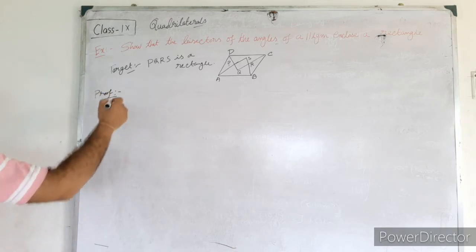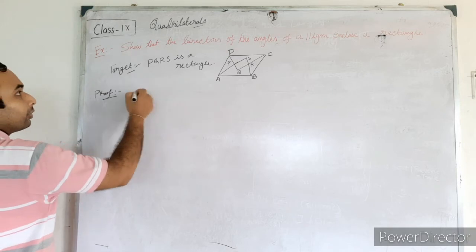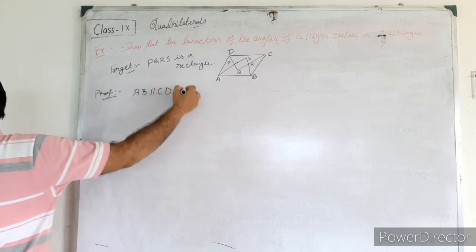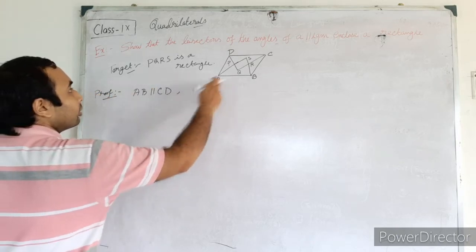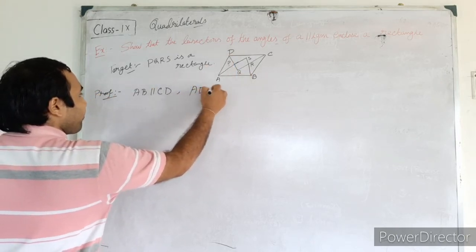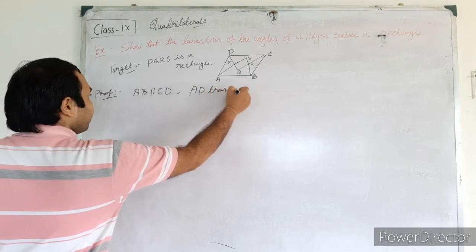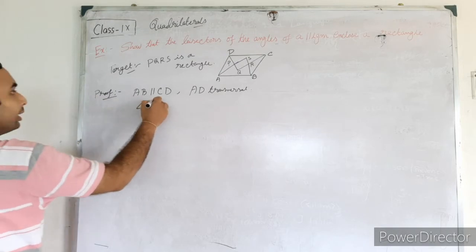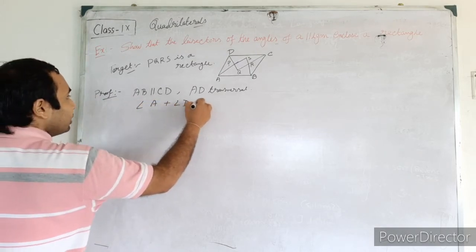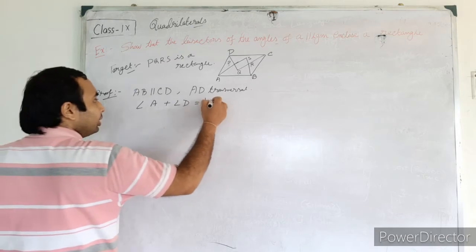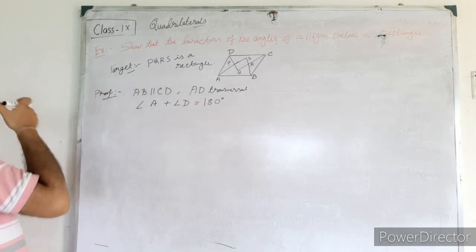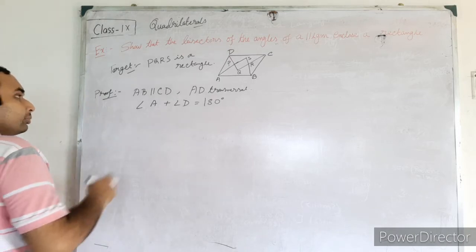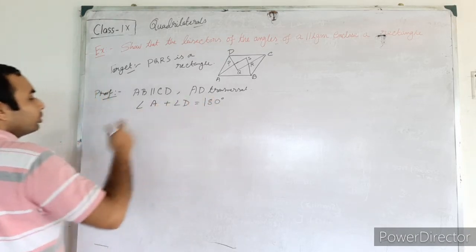Here, first of all AB is parallel to CD and AD is the transversal. Then angle A plus angle D is equal to 180 degrees.